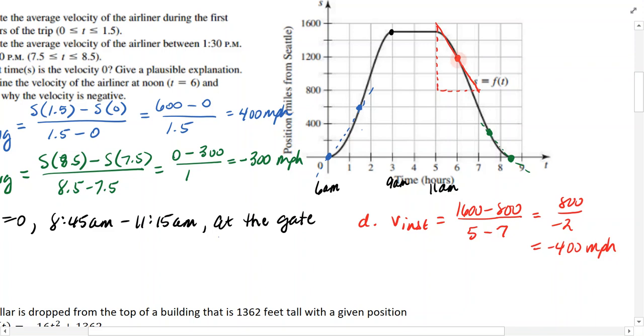So at 6 hours, if someone were able to clock the plane flying back from Minneapolis to Seattle, then they would say, okay, right at that instant of 6 hours, the plane was traveling at 400 miles per hour on its return trip to Seattle.